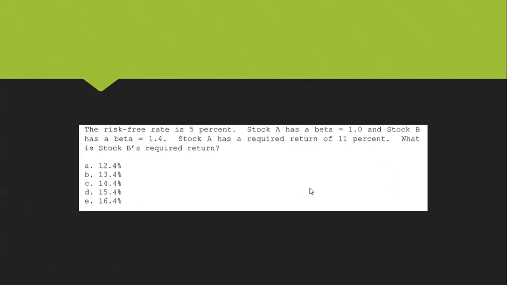Let me try if I can open a board here so you can see how to solve it. It's really hard without a blackboard.